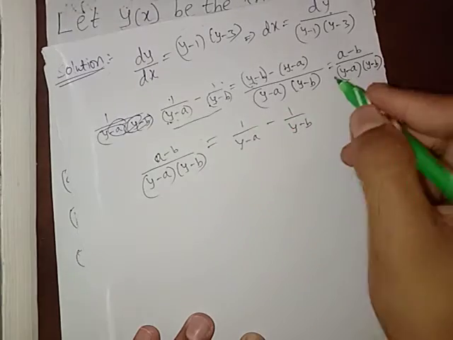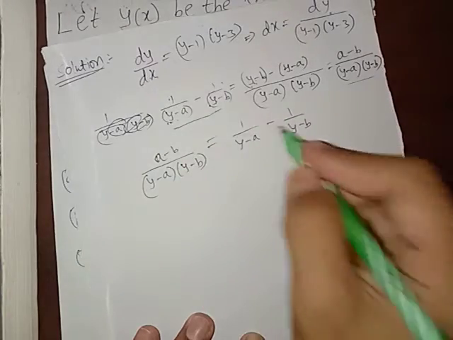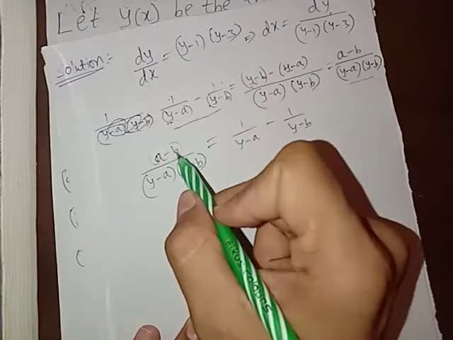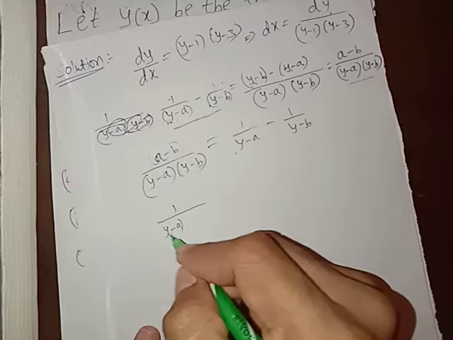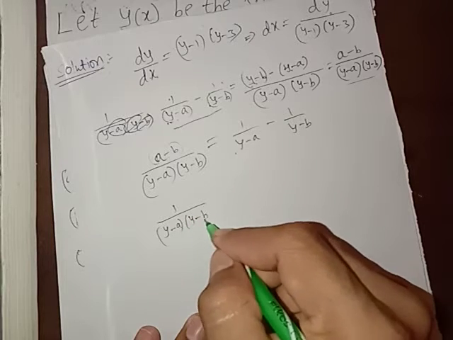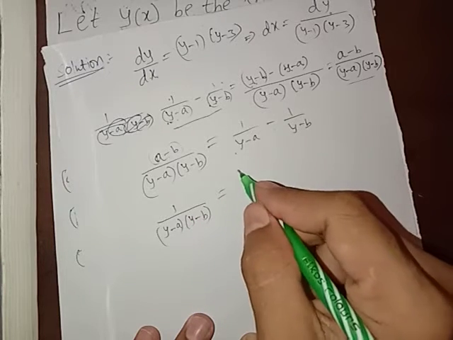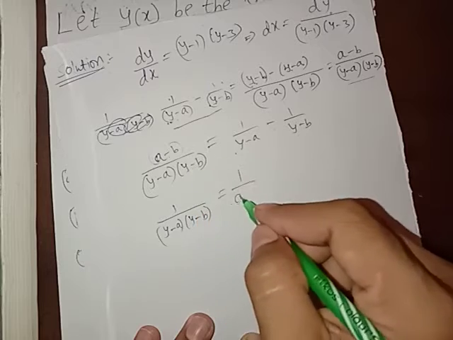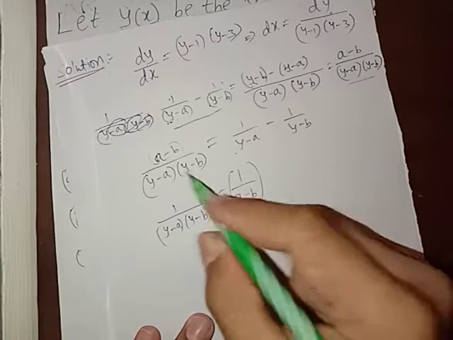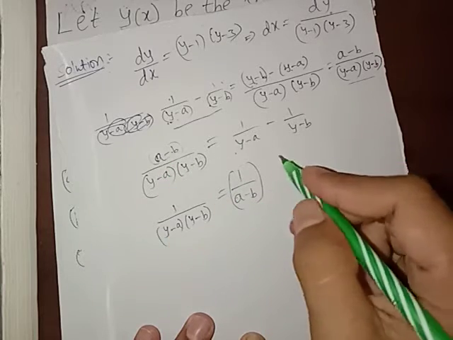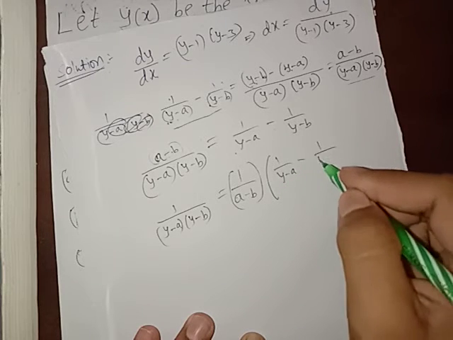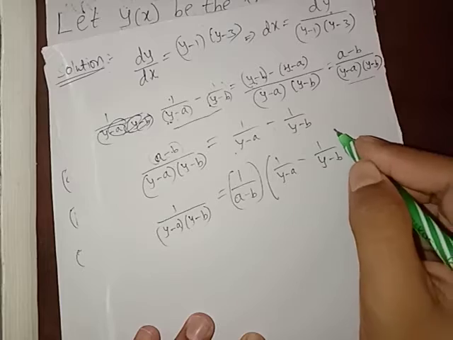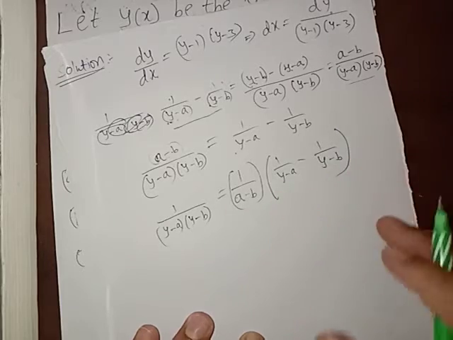So I write it here. Now if we take this to here, then we get 1 divided by y minus a into y minus b equal to 1 divided by a minus b, times 1 divided by y minus a minus 1 divided by y minus b. We get this one.